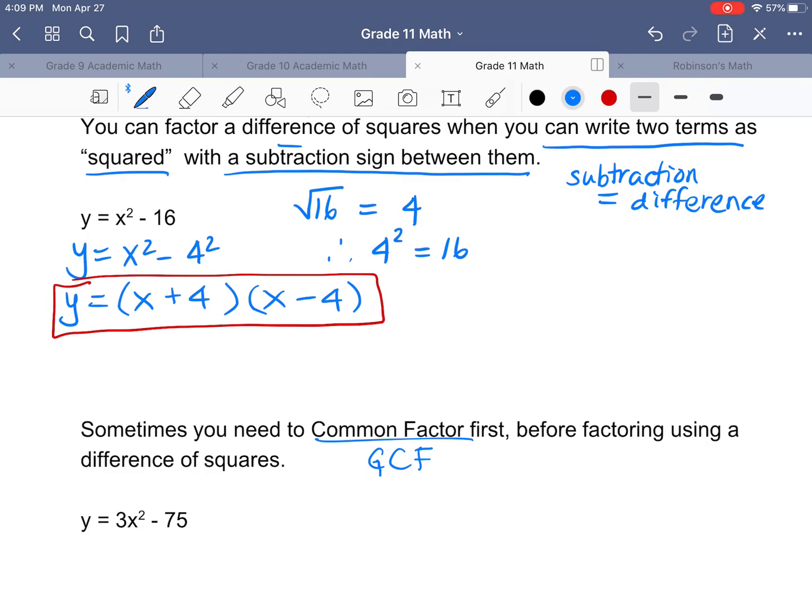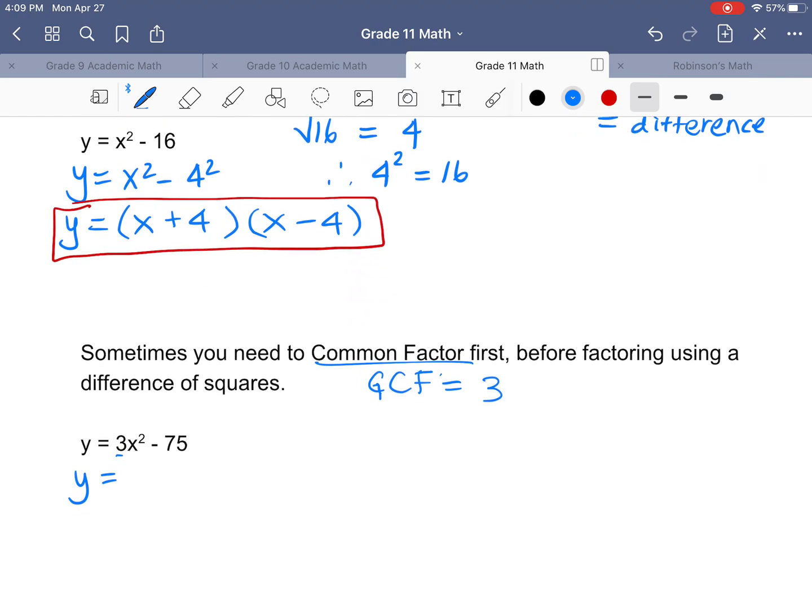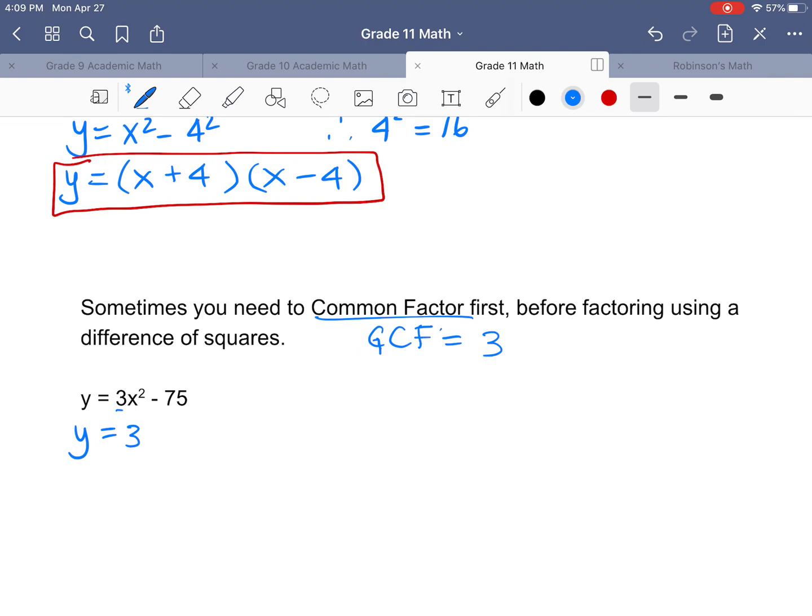And the GCF cannot be larger than the smallest number. And the smallest number we have here is 3. So in this case, our greatest common factor is going to be 3. So we are going to common factor out 3, and we end up with 3 times x squared minus 25, because negative 75 divided by 3 gives us negative 25.